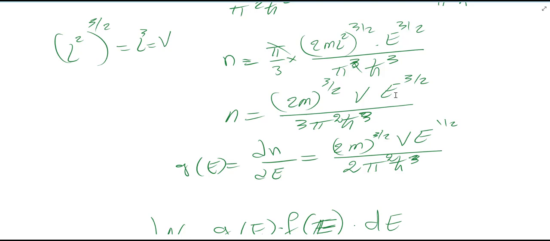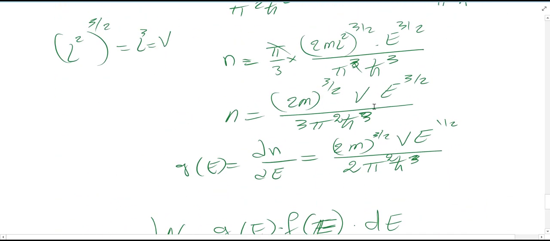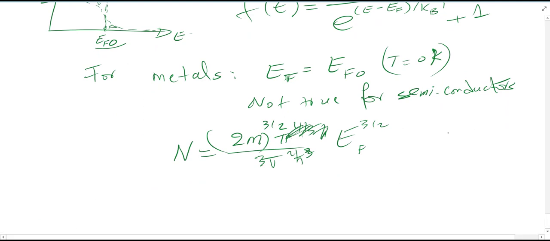I think I've forgotten the volume V somewhere in there, so you need V in here. When you take the entire derivative of this expression, we're going to go back into this n, except that it's evaluated up to EF. So there is a V in here.